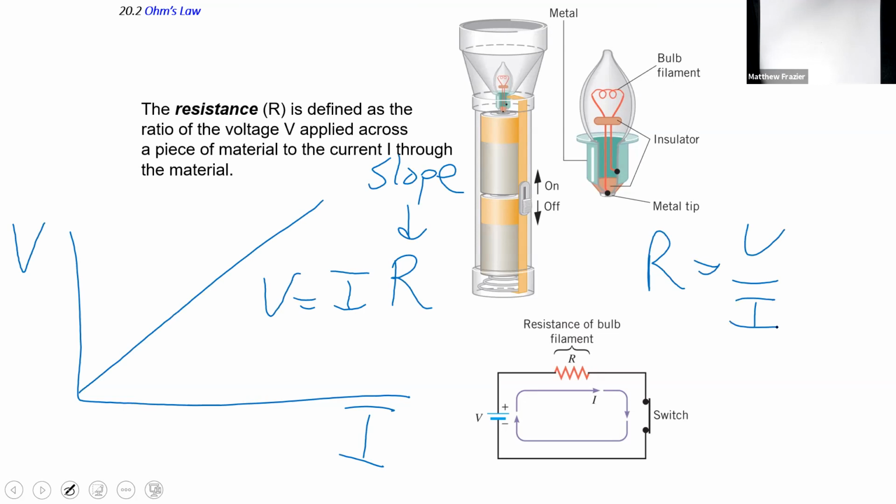So an object is in the circuit. It resists the flow of current and allows there to be a potential difference between the wires connected to it. Current flows through, and we can predict the potential difference in the current from the resistance. Now, the actual definition comes from, well, we have an object that resists current.